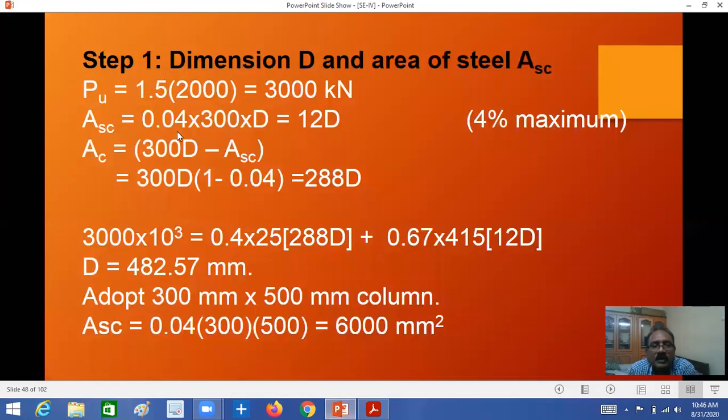From that equation, we have 0.04 into 300 into D, assuming that 4% is maximum.